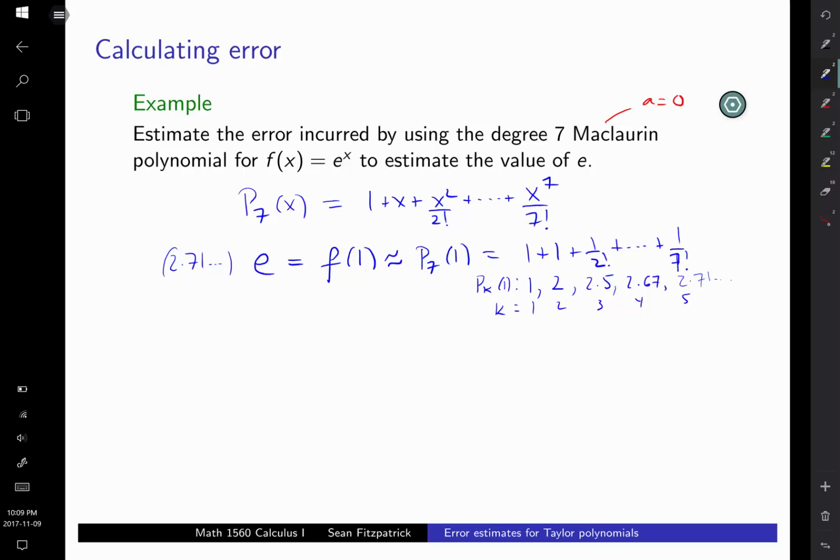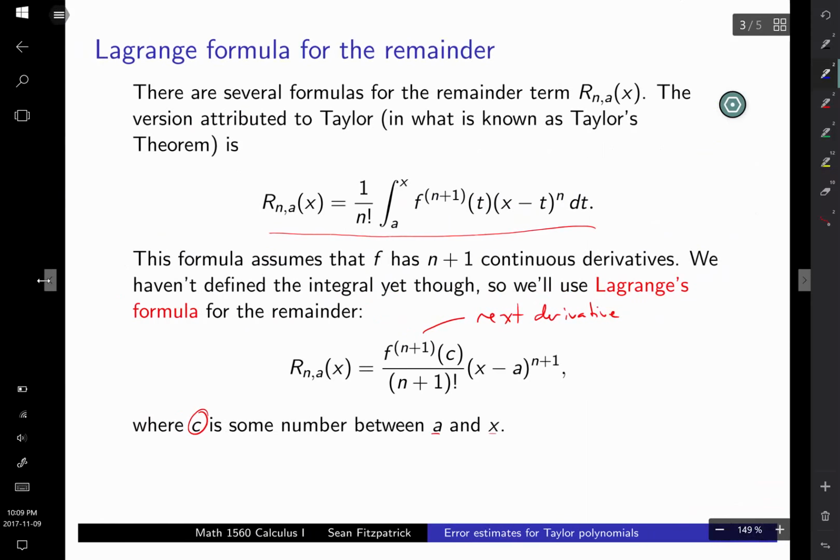So if we want to know what the error is, and again, we're just trying to roughly get an idea of the error. It says estimate the error. So we look at the remainder term. What does the remainder term look like? R7 at 1. Let's come back to our remainder formula. In this formula, for our example, a is 0, x is 1, n is 7.